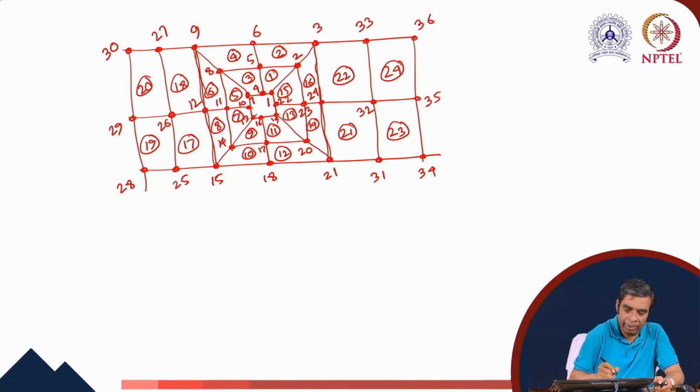For example, this is the common node between element 8 and element 17. Now, element 8 belongs to block 2 and element 17 belongs to block 1. This particular global node 12 is the third local node of the 17th element, whereas it is the fourth local node of the 8th element.